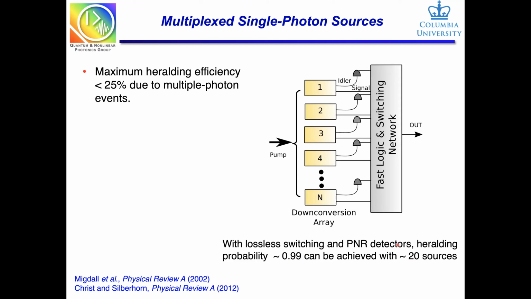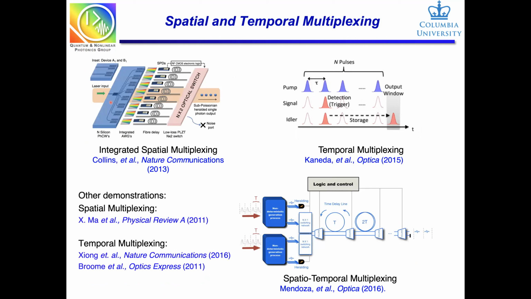Okay. And integrated photonics lends itself really well to that. And there have certainly been a number of approaches to do that. There have been people putting it on a chip, people doing temporal multiplexing. Paul Kwiat's group has done impressive work there. And then even combining the two, temporal and spatial.